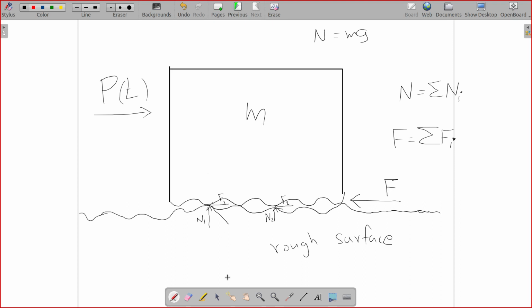And what is this component? That is nothing but the sum of these two vectors.